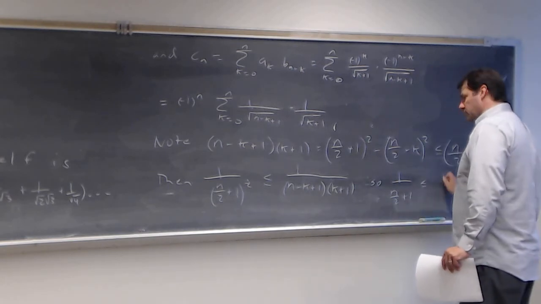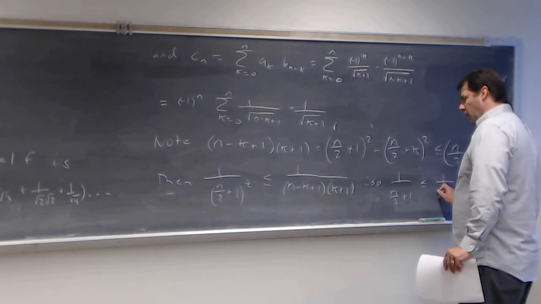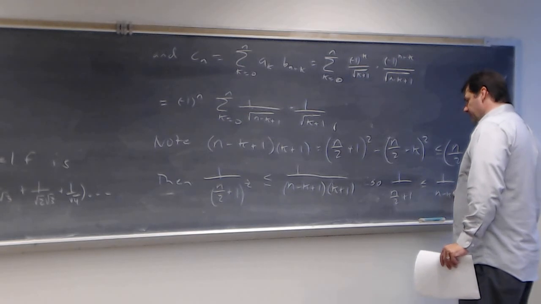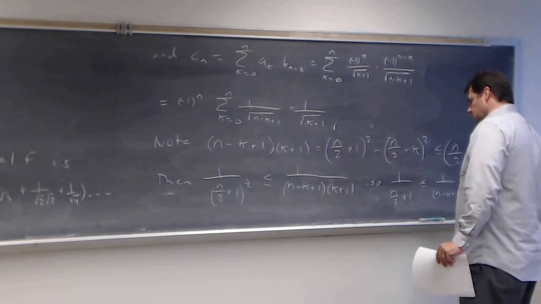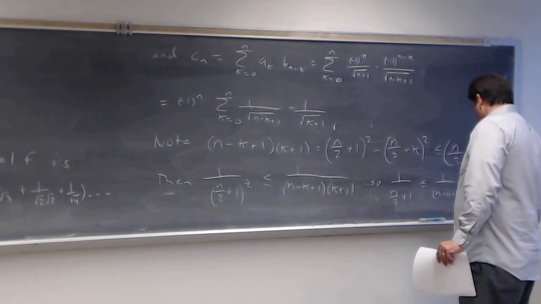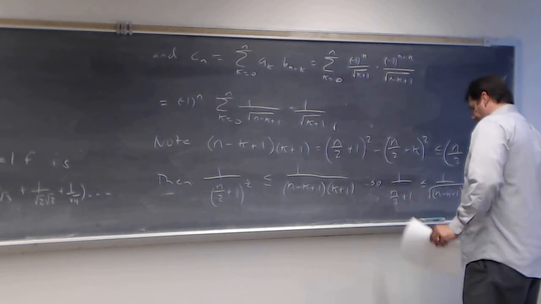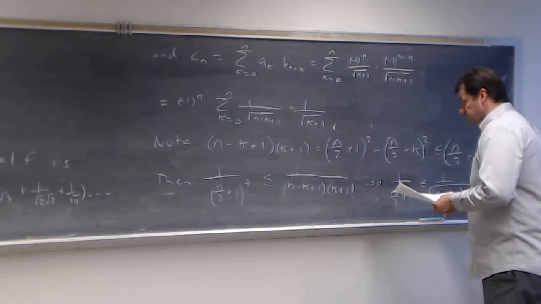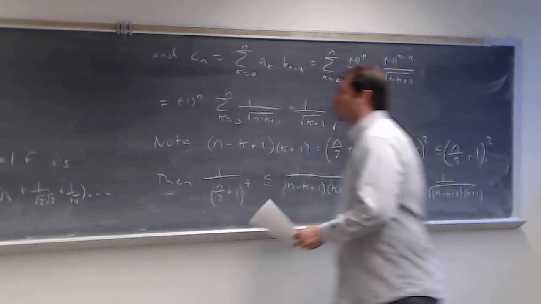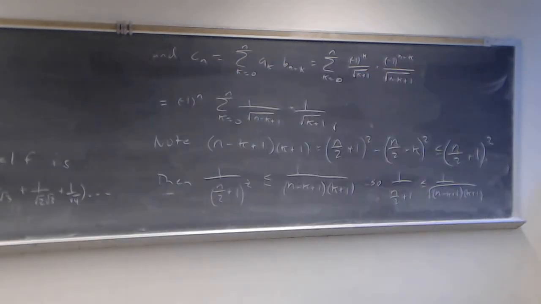It's going to be less than or equal to 1 over the square root of n minus k plus 1 times k plus 1. Okay? We'll work with that just a little bit at the left-hand side.